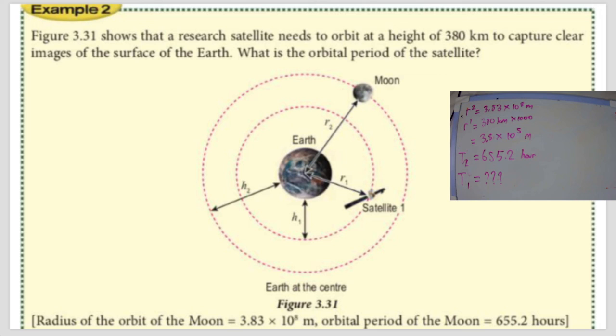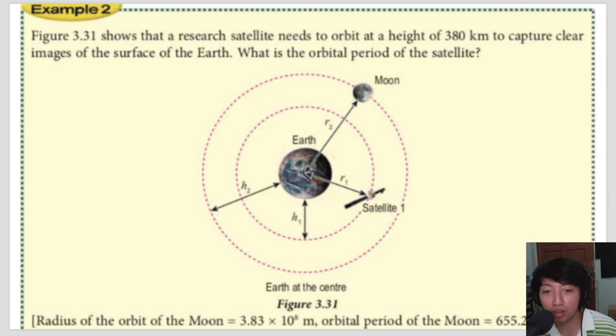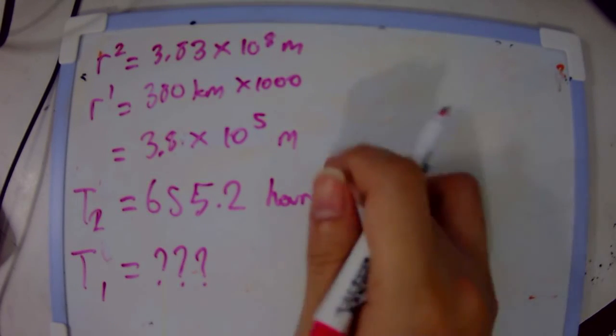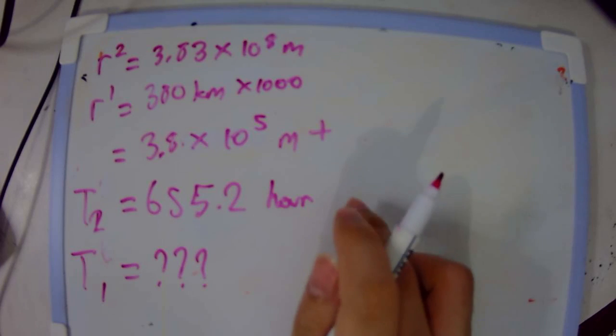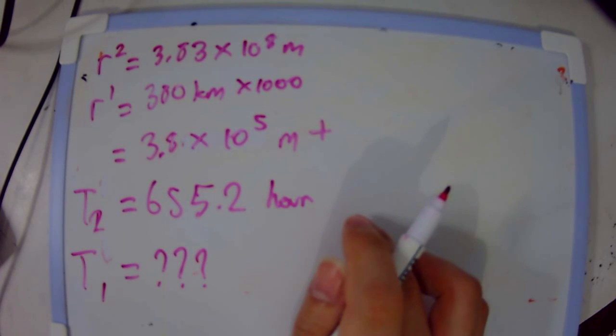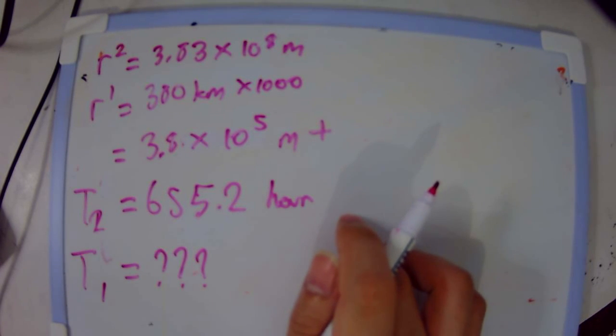Correct? That's correct. But remember that when we are talking about gravity, you do not only measure until the surface of the Earth, but you need to measure all the way until the center. So we also need to add the distance from the surface of the Earth to the center.